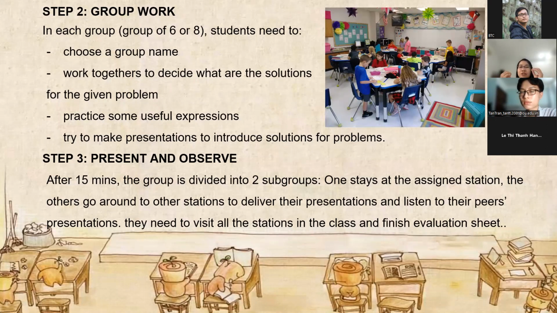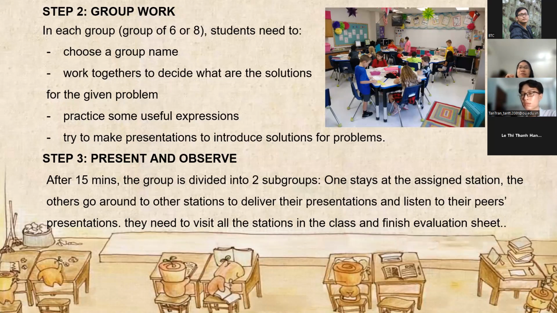So the teacher will give them time to practice together, normally about 10 to 15 minutes. So you get the task students have to do together. They need to discuss the solutions for the given problem that they picked up from the teacher. Okay, and then step number 3: after 15 minutes, the group is divided into 2 subgroups.